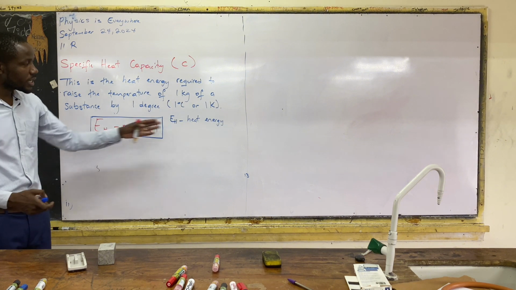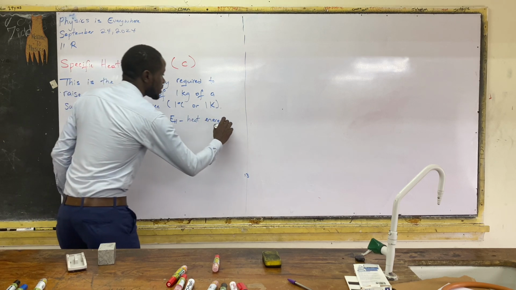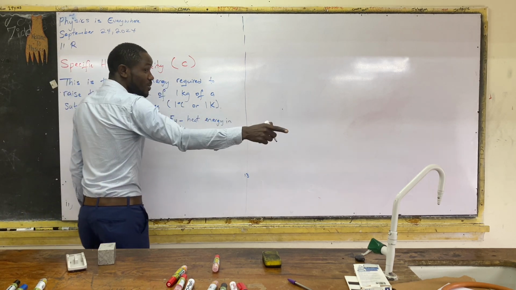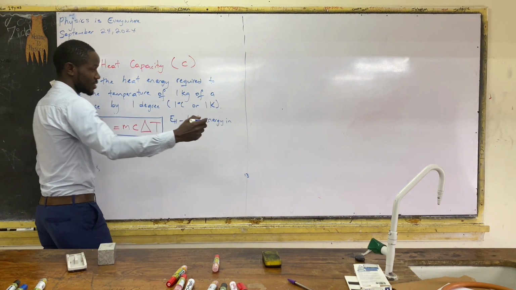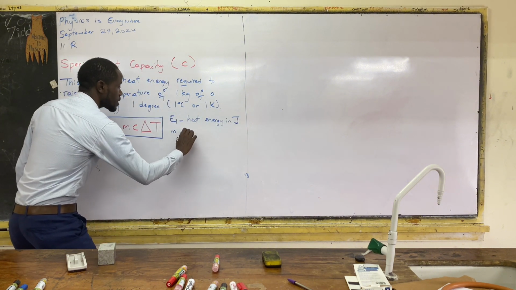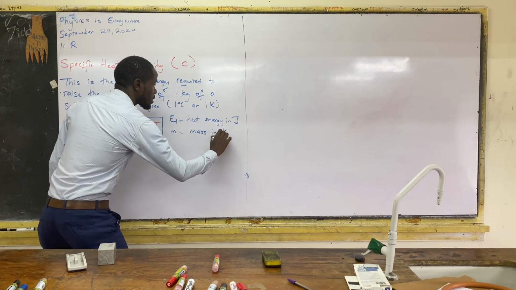So E_H is the heat energy that could be supplied or removed, and this is measured in joules.